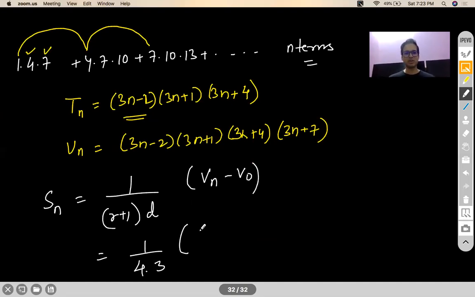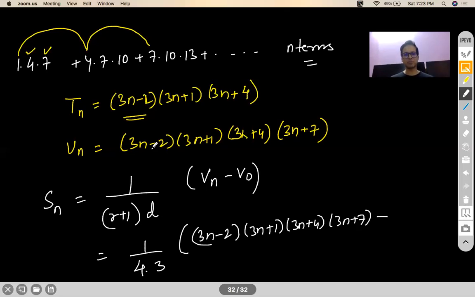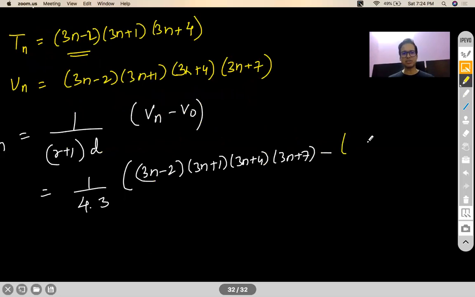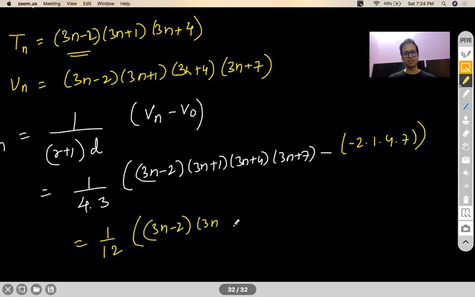Vn is already on your screen right there. Okay. Minus V0, put your n as 0. If you put your n as 0, you get minus 2 into 1 into 4 into 7. Let's simplify this just to complete the problem. This is going to be your answer. And if you want, you can always verify, but don't do it right now because we are already in a crunch of time. Okay.